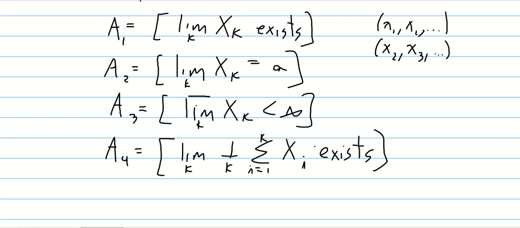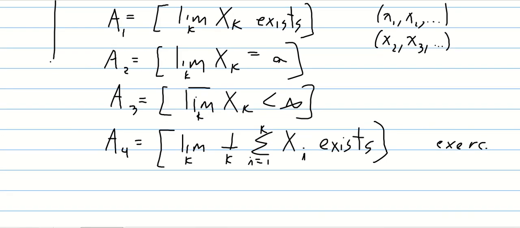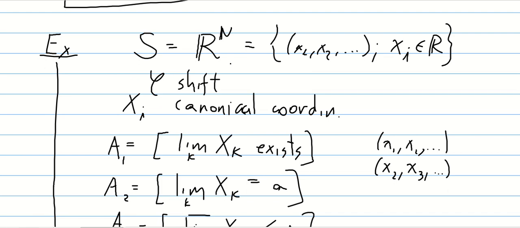This is slightly less trivial to prove, because you cannot just pick the definition, you have to prove something. But the fact that k plus 1 over k converges to 1 essentially gives you what we want. So this is an exercise. These are some examples of events that are invariant with respect to the shift in this standard space.